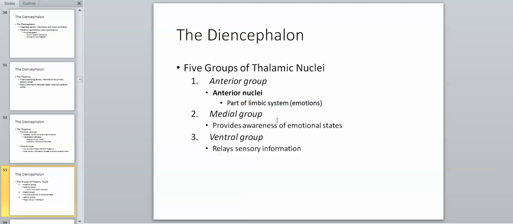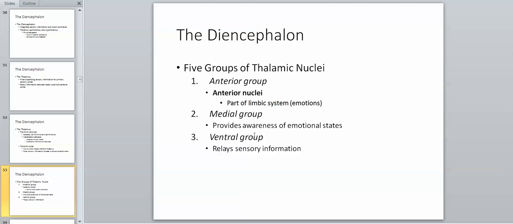These we will see are associated largely with another system that we'll study a little bit later called the limbic system. And the limbic system is very important for reacting to and interpreting emotions, and basically the emotional control center of the brain. We also have the medial group, which also provides an awareness of emotional states, and it's very near the limbic system.